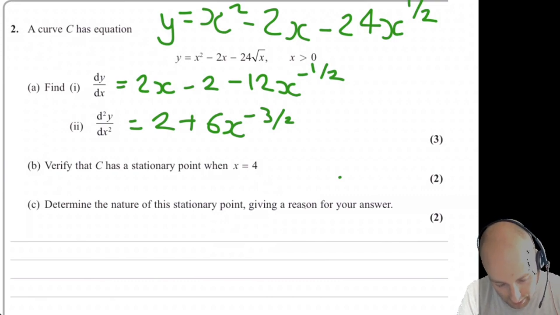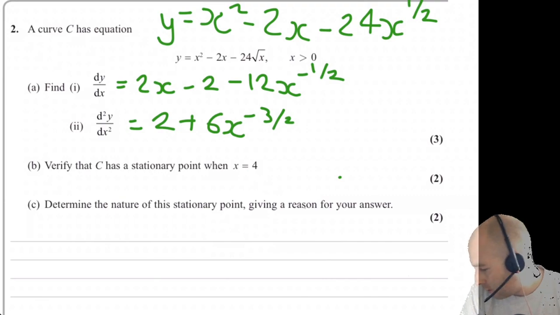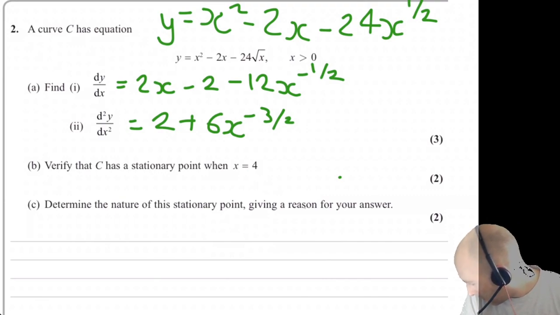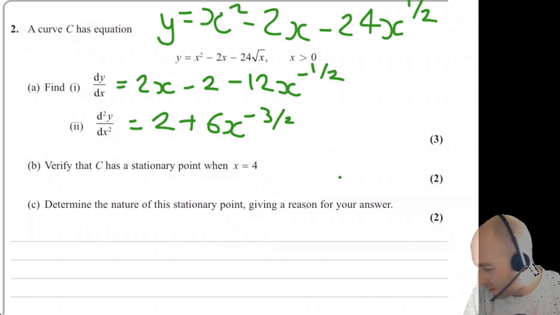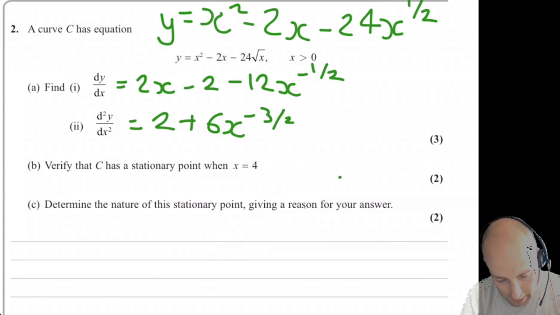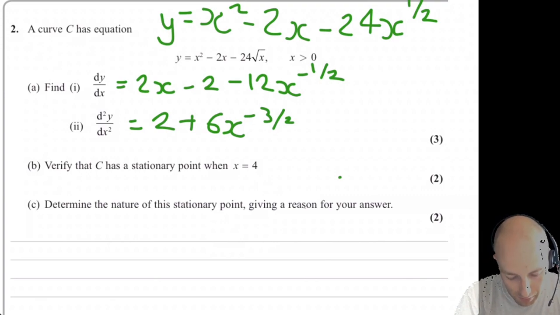All right, verify it has a stationary point when x is 4. Put 4 into the first differential. All right, we'll just put it anyway, guys. It's not a race. Everyone that gets it right is a winner in my eyes.